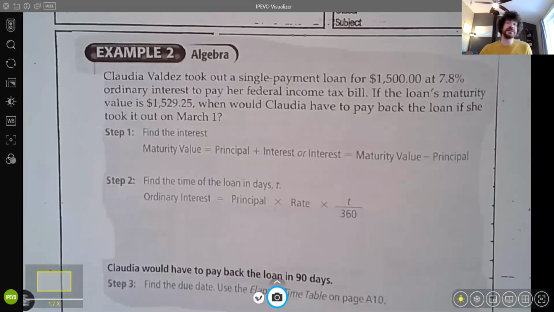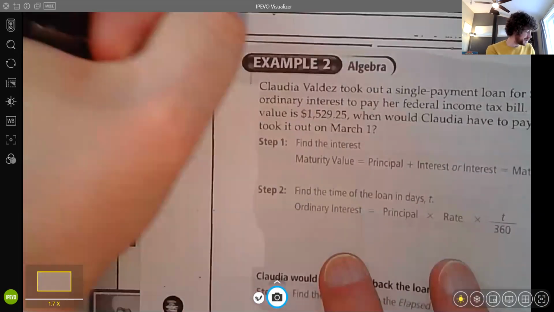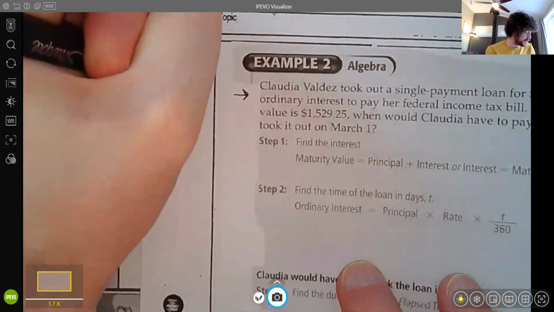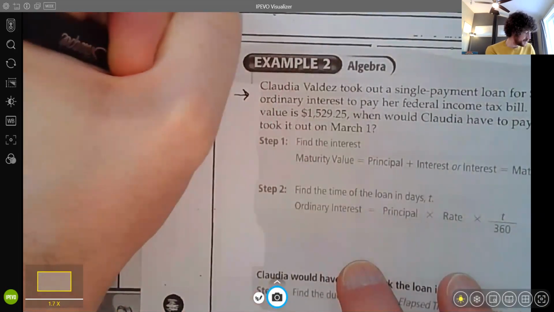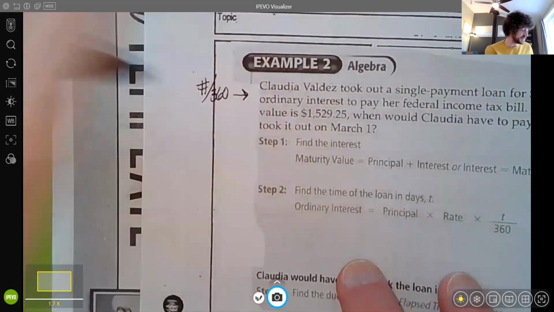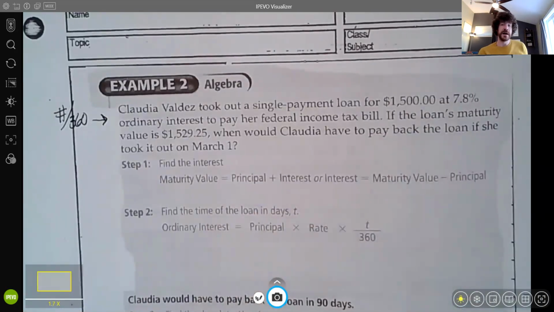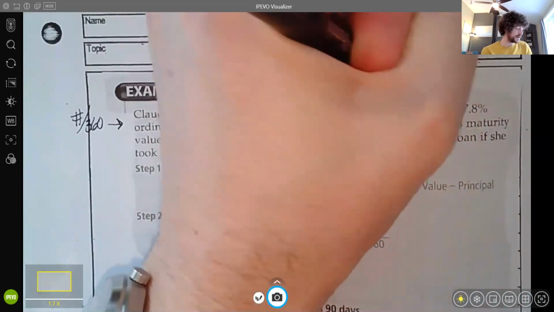It says, Claudia Valdez took out a single payment loan for $1,500 at 7.8% ordinary interest. Okay. So ordinary interest, we're looking at number over 360. This is our principal value right here.